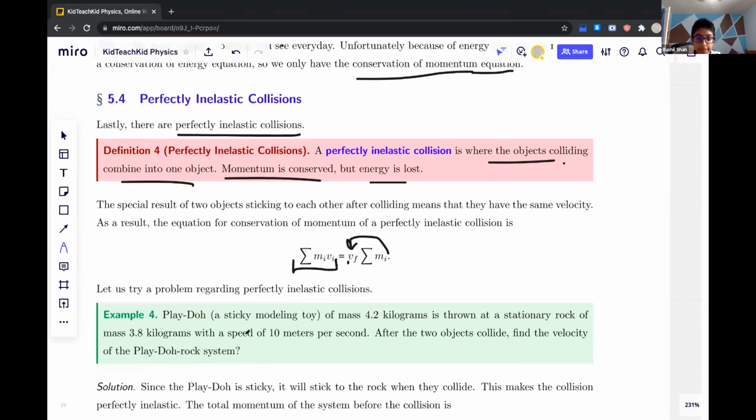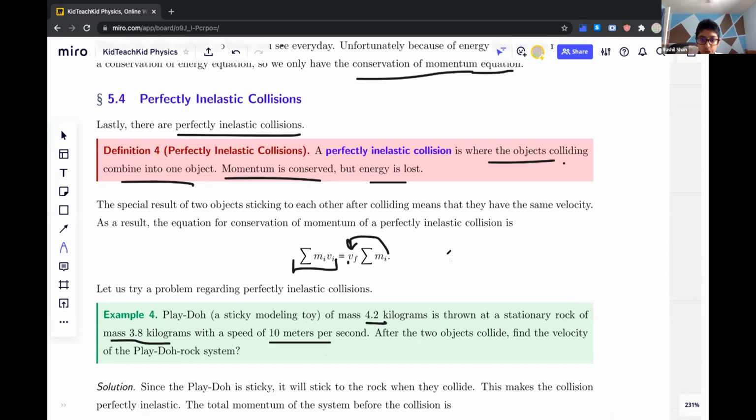We have a Play-Doh, which is a sticky modeling toy. And all this means is that when we throw the Play-Doh at something, it will stick to it. So what this is saying is that this will be a perfectly inelastic collision. And so this Play-Doh has a mass of 4.2 kilograms, and it's thrown at a stationary rock of mass 3.8 kilograms with a speed of 10 meters per second.